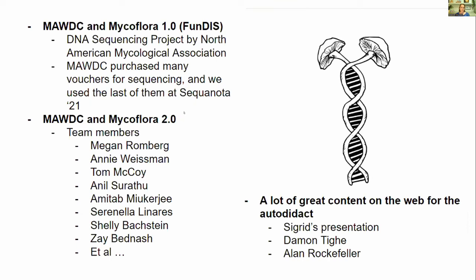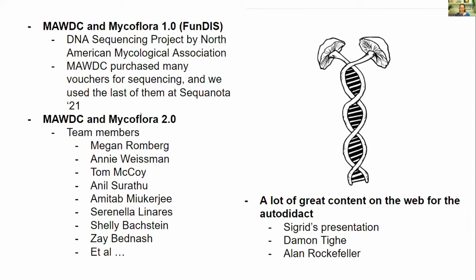It was at that time that I first got involved with the mycoflora DNA sequencing group, and much to my surprise, I thought I was volunteering to lead a group. It would be a nice little easy, lazy work group, and I wouldn't have to do very much. But we've been going at a blistering pace ever since.